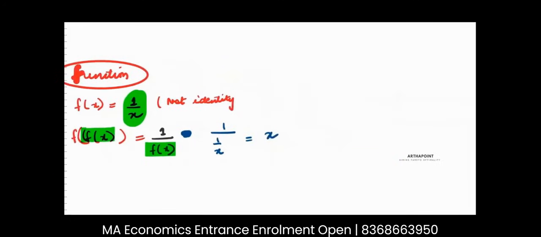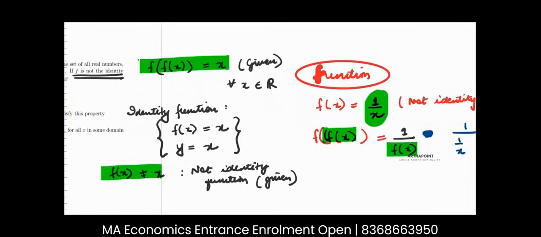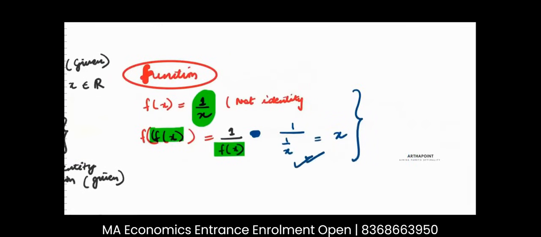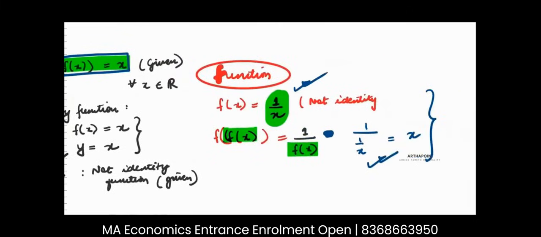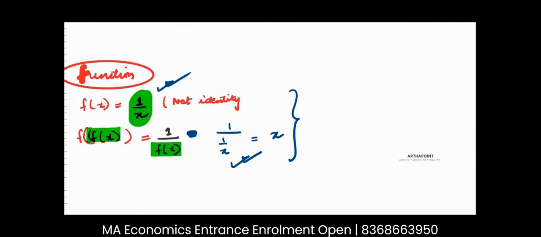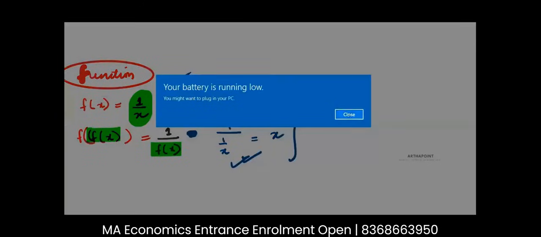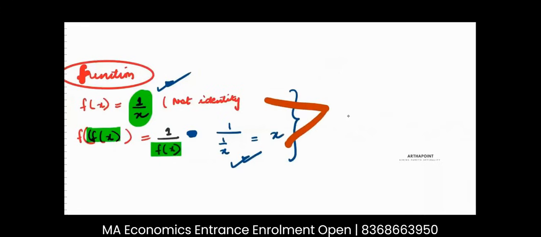So I have been able to satisfy both the properties. f of f of x is x, I have satisfied this. f of x is not equal to x, I have satisfied this also. Now, based on these two, I can find whether this function f of x is increasing or decreasing.